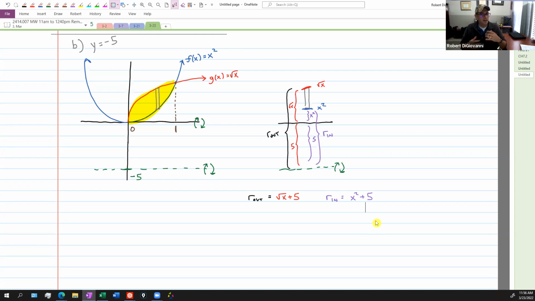I don't want to say anything like that, because there are situations where maybe your region is down in the 4th quadrant, and things get weird. So it's better to always look at it as a distance and try to figure out what that distance is.